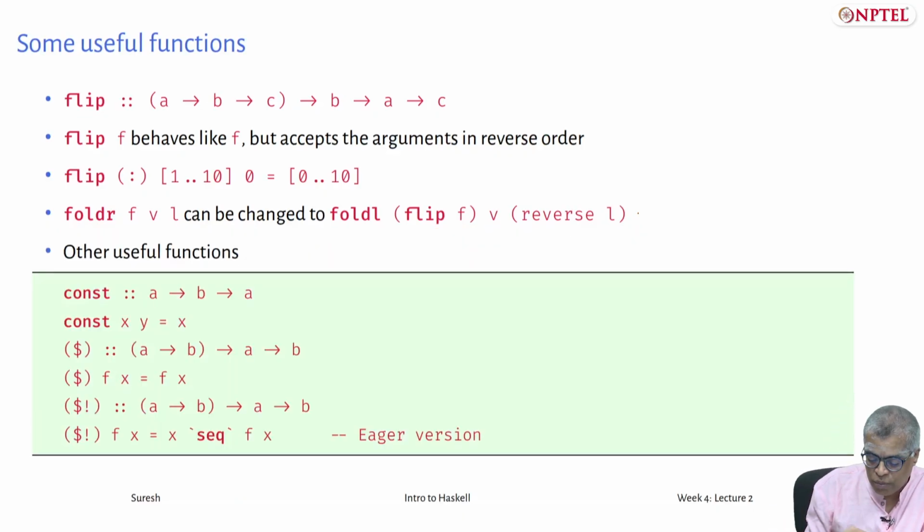Okay, here are a few more useful functions. Const is a useful function. Since we mentioned flip, we are mentioning other useful functions. Const is a very useful pattern to have.